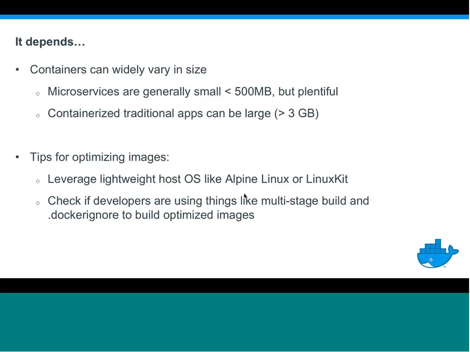Multi-stage builds gives you an ability to cut those unneeded pieces out of your image. There are other tools out there and a lot of documentation and blogs and things like that. Docker Ignore is another way to optimize the size of the image. It allows you to exclude certain processes that are unneeded.